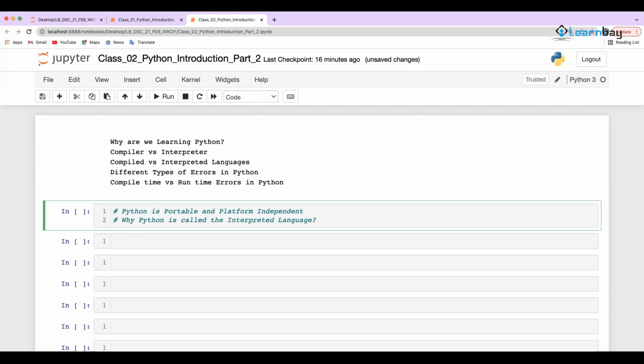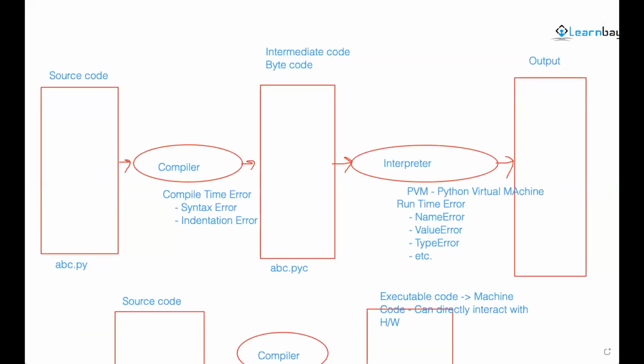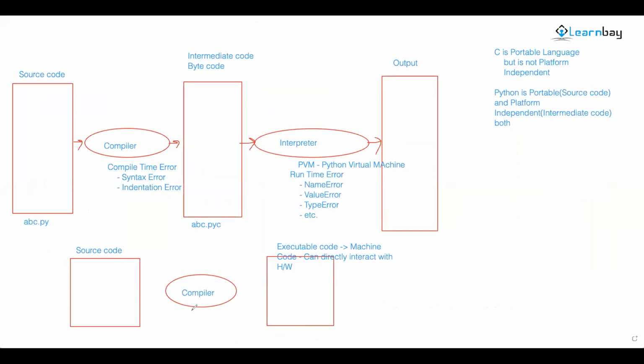So we have compilers and interpreters both, right? Can anyone tell me why we need the interpreter? Why can't we just use the compiler, just like we are using it in C? Why do we need to move the intermediate code from one platform to another?